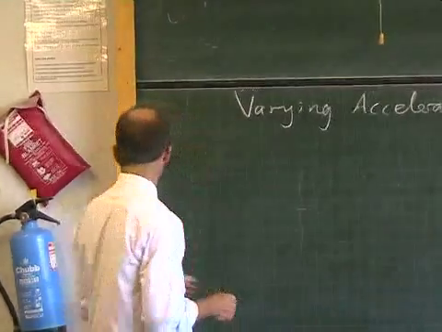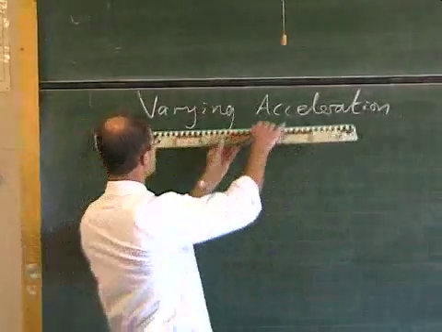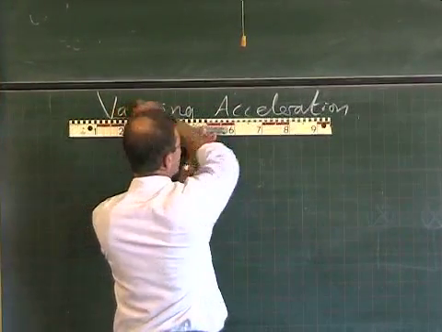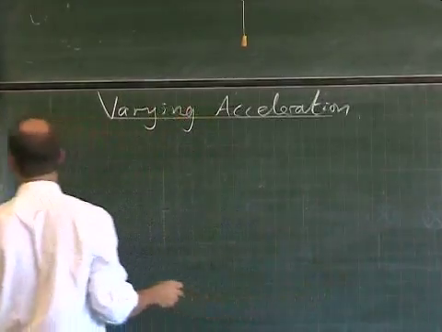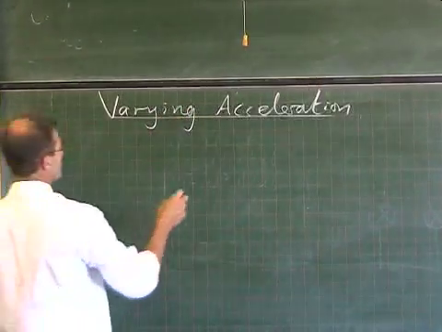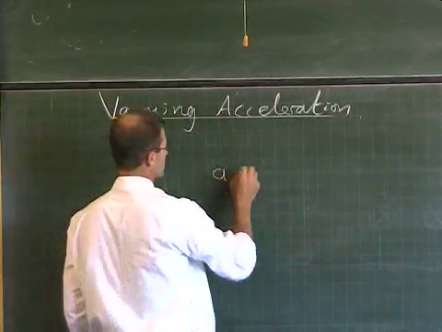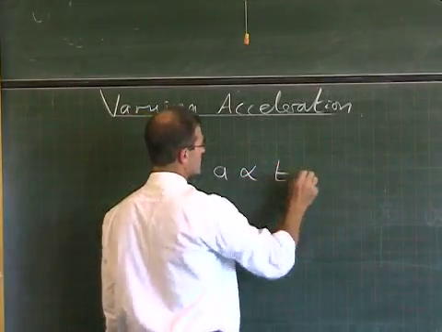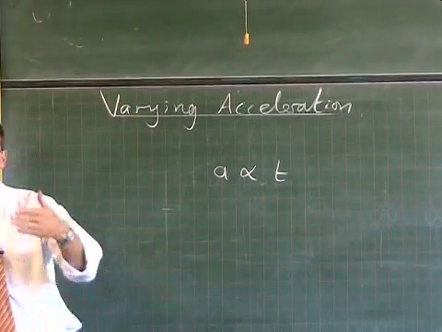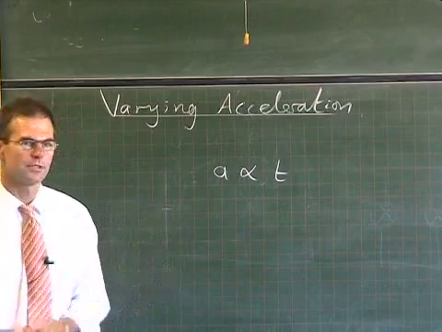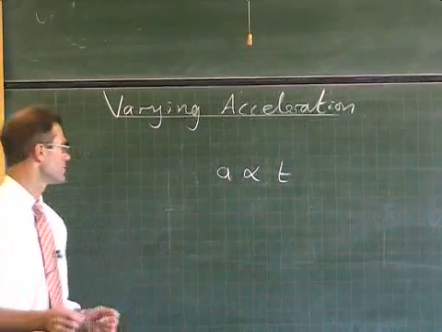Let's just say that you've got an acceleration where the acceleration depends on the time and is proportional to the time. So the longer something's moving for, the higher the acceleration is. And that would be the case of Stas' rocket there.